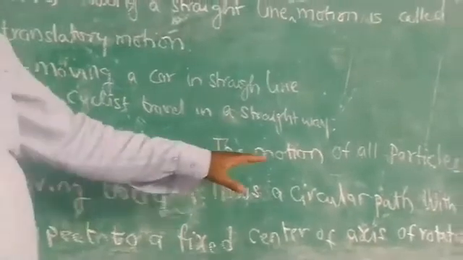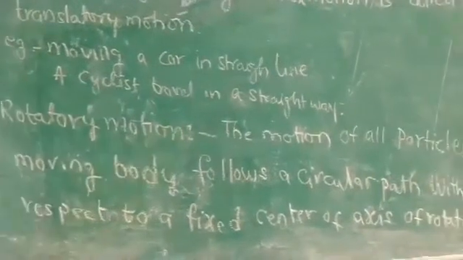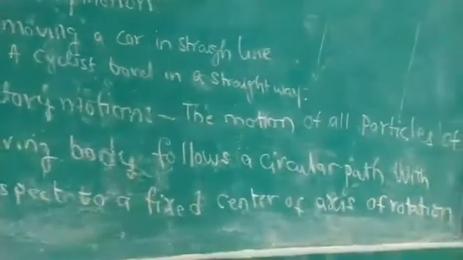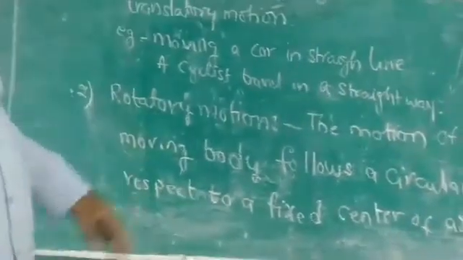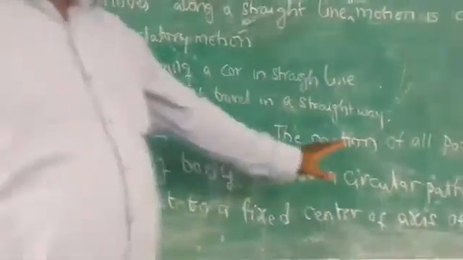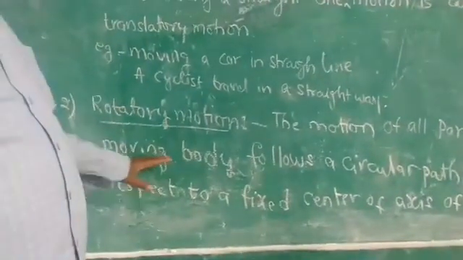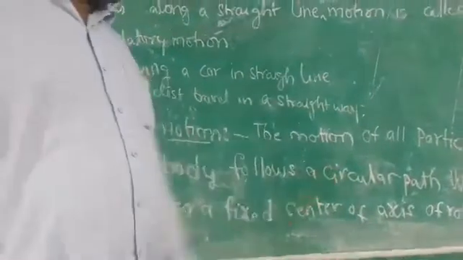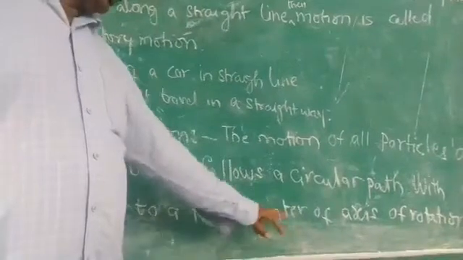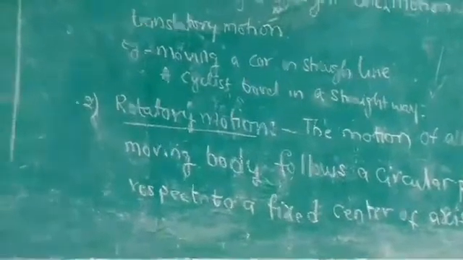The motion of all the particles of a moving body follows a circular path with respect to a fixed center or axis of rotation. That is called rotatory motion.